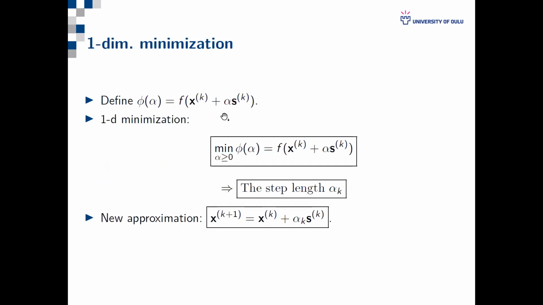Then we define a function of one variable, phi of alpha, where alpha is the step length. We perform the 1D minimization and get the step length. The new approximation is xk plus alpha k times sk, where sk is the minus of the gradient.